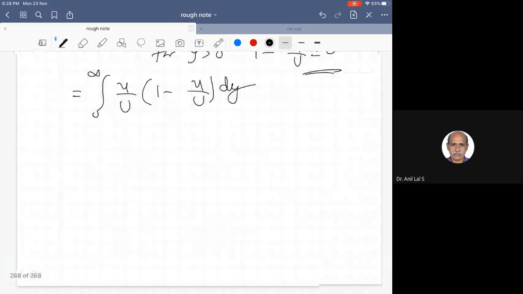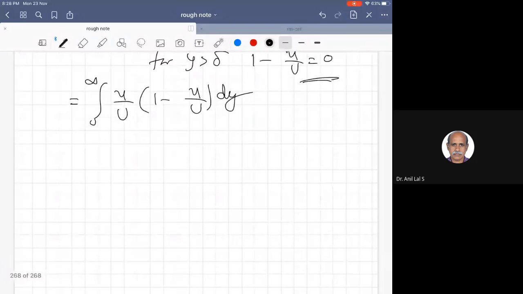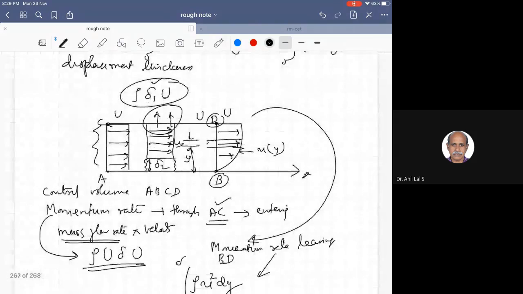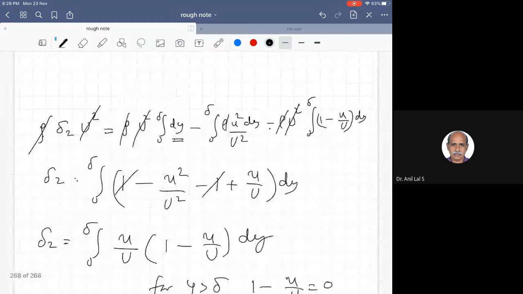So similarly, we can also find out what is called the energy thickness. In the same manner, energy thickness is the loss of kinetic energy because of the boundary layer. So I will not repeat the diagram. We can use the same diagram to write the kinetic energy at the inlet. What is the kinetic energy at the inlet?